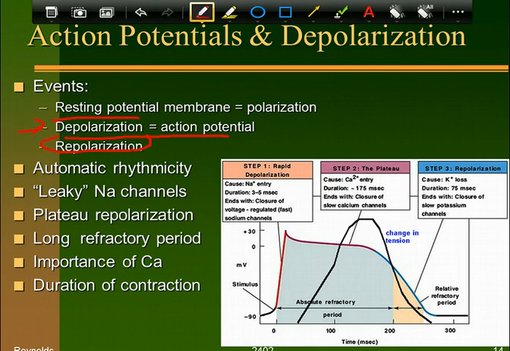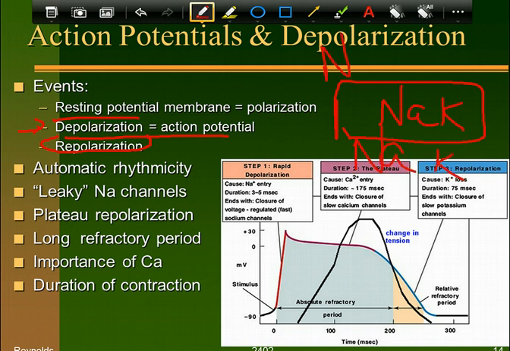During the depolarization, the sodium and the potassium is everywhere because it's diffused so that it's equal across the membrane. So you've got both of them everywhere. In order to get back to repolarization, all the sodium has got to get kicked out. The potassium has got to get concentrated in, and we're back to resting potential.